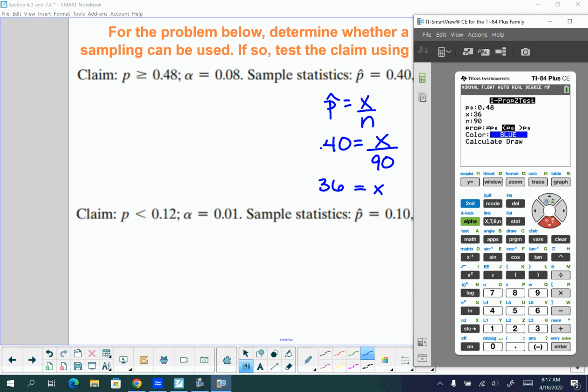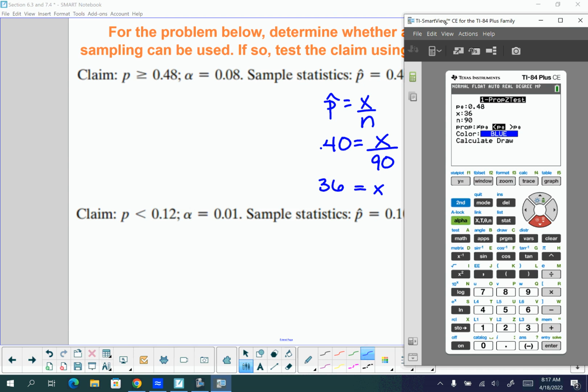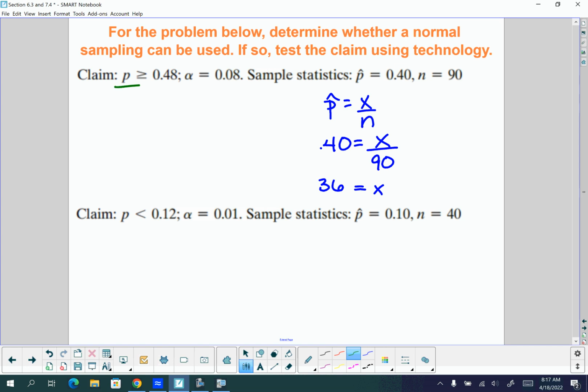Based on the claim, is the claim a null or an alternative hypothesis? Up here. Is this a null or alternative? Yes, and you know that because it has the statement of equality, which means the alternative would be P less than 0.48.